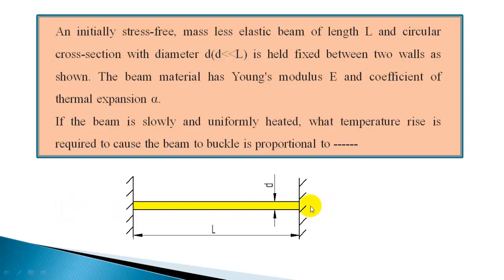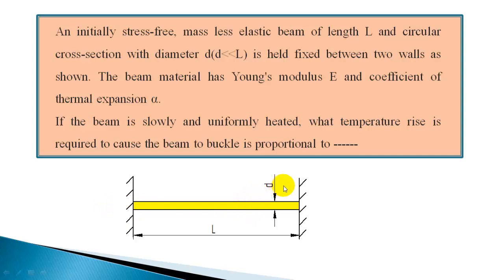The compressive force will be stress multiplied by area of cross section, and the area of cross section is pi by 4 d square. So alpha delta T E times the cross section area gives the compressive force, which is the force trying to buckle the bar.